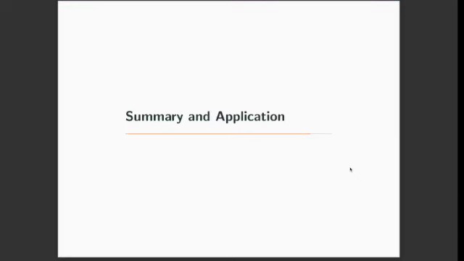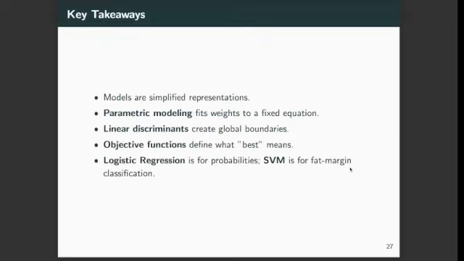Now let's wrap up. Our key takeaway is that a model is not supposed to accurately predict every data point in the training data. We want the model to become a simplified representation that contains only the essentials of the main patterns, which can be used to generalize to new data.